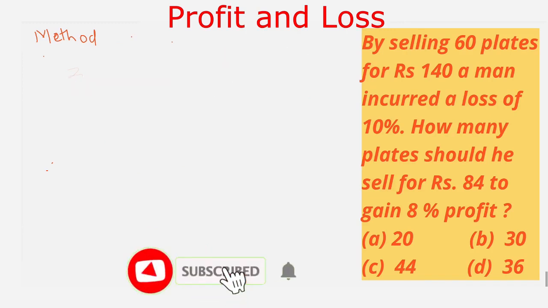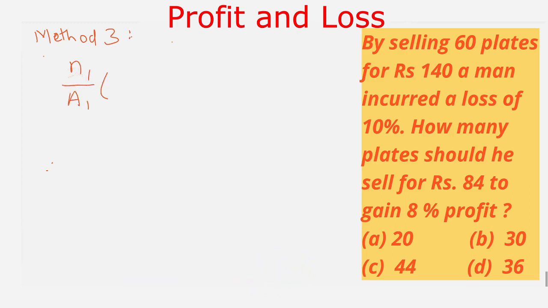Now we solve this question by the shortcut formula, that is method 3. N1 upon A1 into 100 plus R1 equal to N2 upon A2 into 100 plus R2. Here N1 is the number of articles in amount A1 and is sold at a profit of R1.